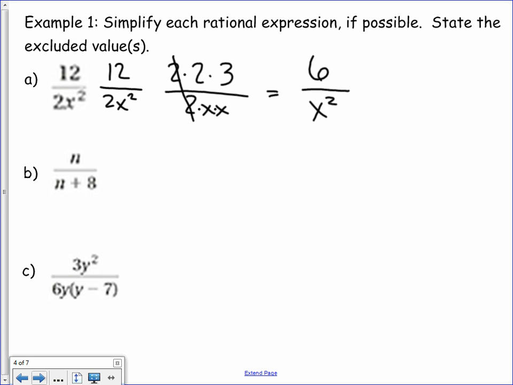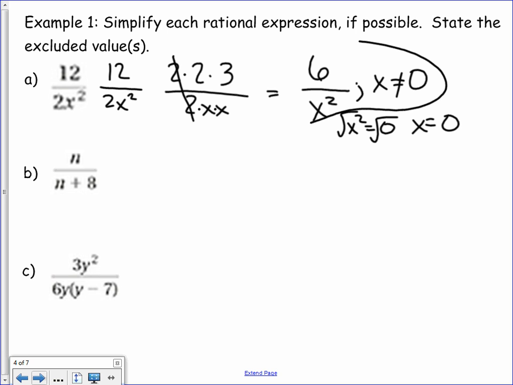And if x squared equals 0, to solve that we would take the square root of each side. X squared equals 0, then I'm solving that by taking the square root of each side. And the excluded value is x equals 0. Okay, so we don't want x to be 0. All right, and that would be our simplified rational expression there.